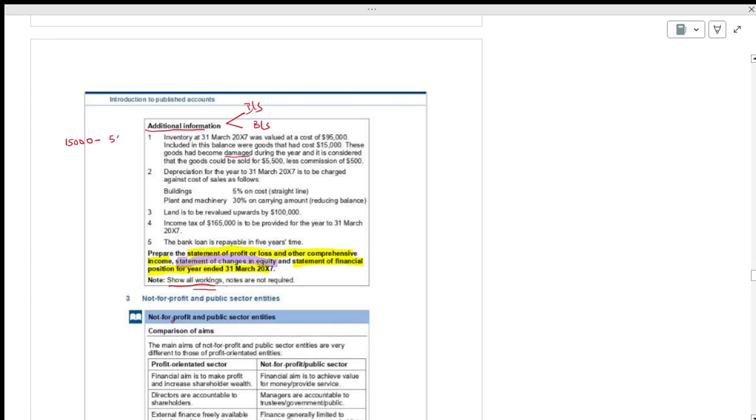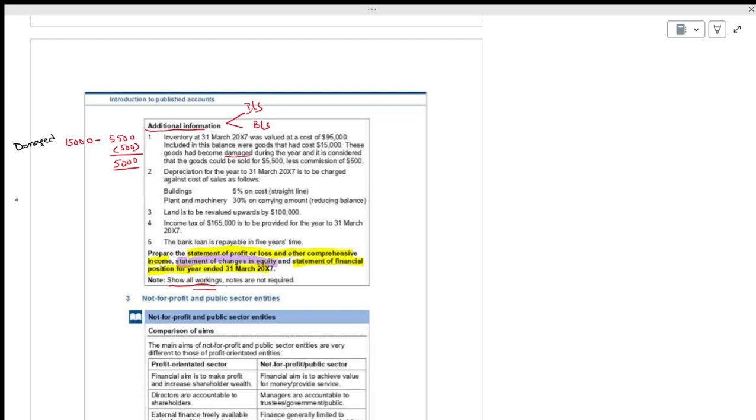It has been sold for 5,500. Of this, they gave commission of 500, so they got an amount of 5,000. This is the value of the damaged inventory. We will see how it will happen.